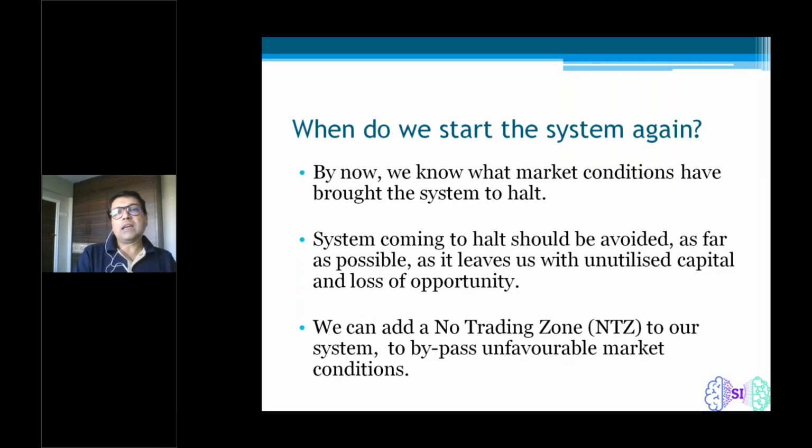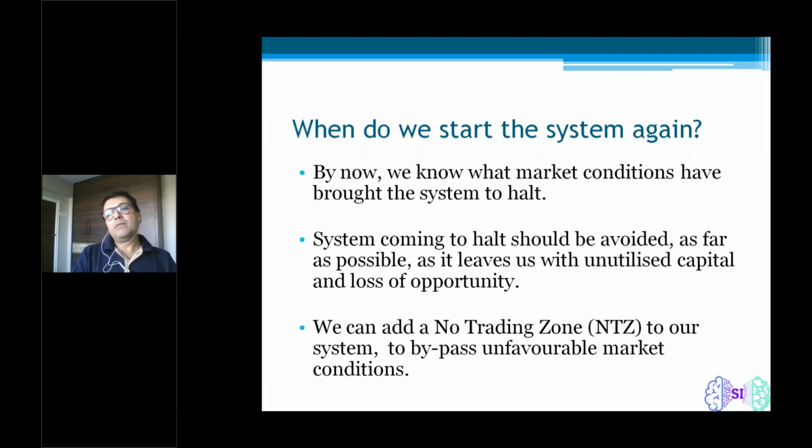So when do we start the system again? This is the fourth and the crucial part of it. Once your system has gone through a major drawdown or a change in the market scenario, you know what change in the market condition has brought your system to a halt.